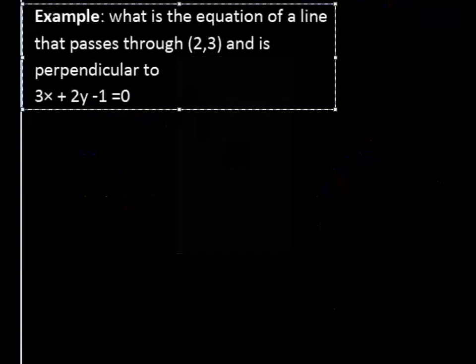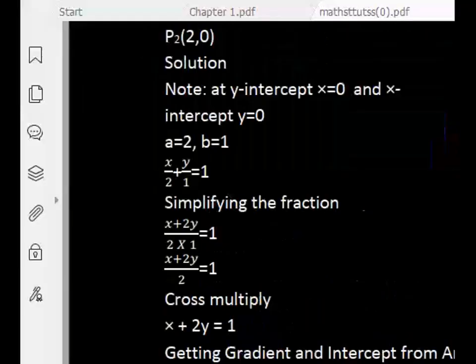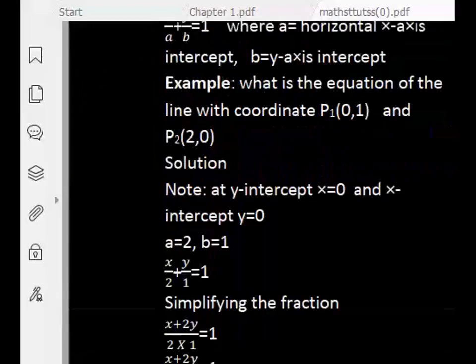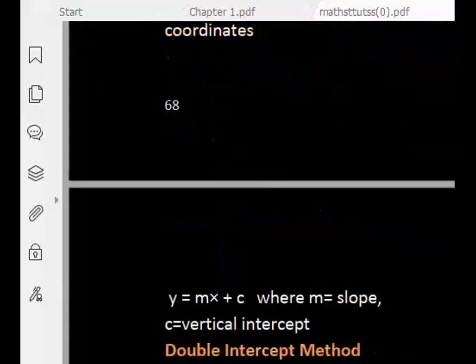Now, before I solve this question, there's something I wanted to bring.